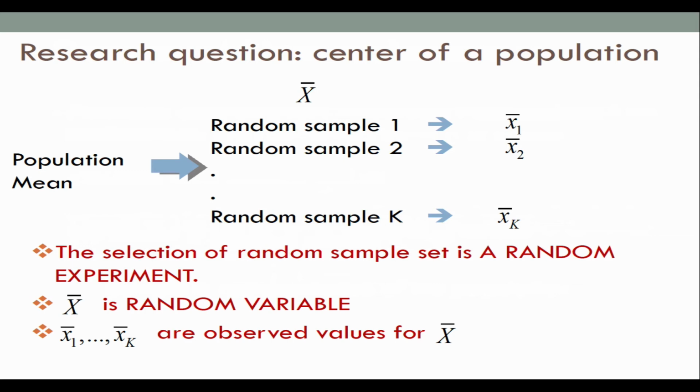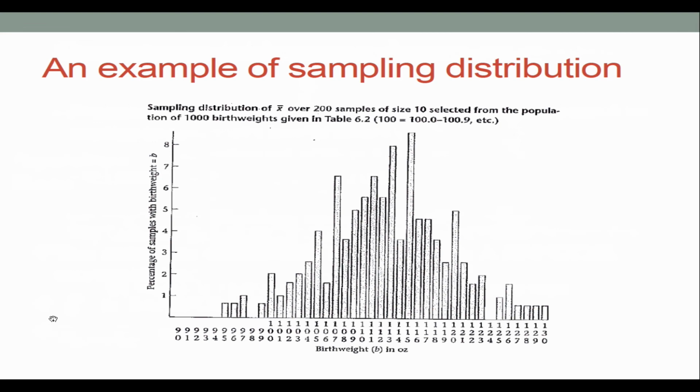And this big X bar, which we define as the sample mean, is a random variable. A random variable has its distribution. We can study the sampling distribution of this big X bar based on those small x1 bar to xk bar. Is that okay? Next we're going to look at what the distribution of this big X bar looks like.